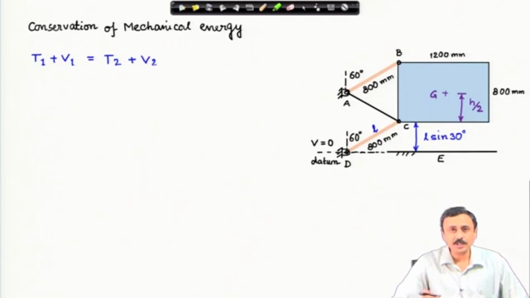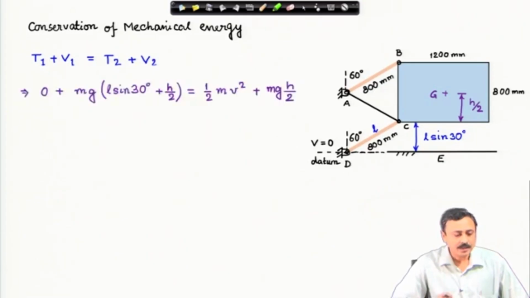So, just after the string is broken, it starts from rest at this configuration, and the second state is just before it hits the ground. The initial kinetic energy is of course 0 because it starts from rest at t equal to 0 plus; at t equal to 0 the string breaks and the velocity is 0 at that instant.